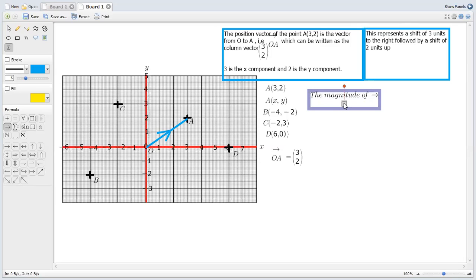Okay, so we'll find the magnitude of vector OA now, right? The magnitude of vector OA is equal to. Now, this is how you write it.